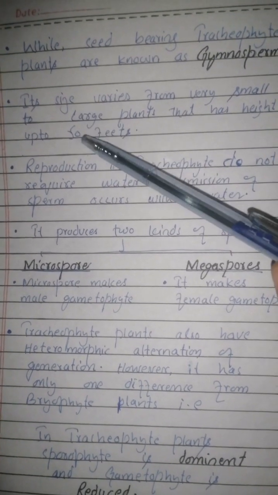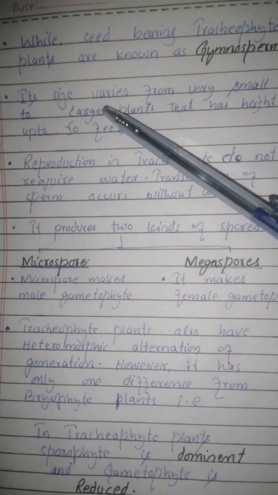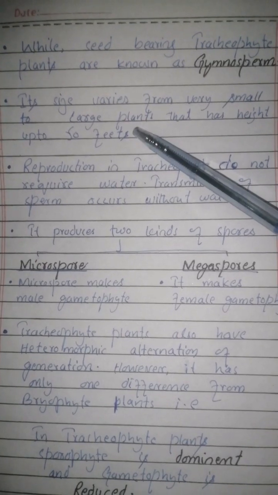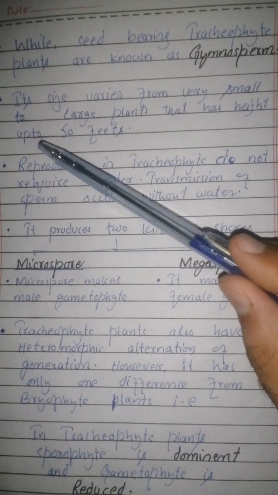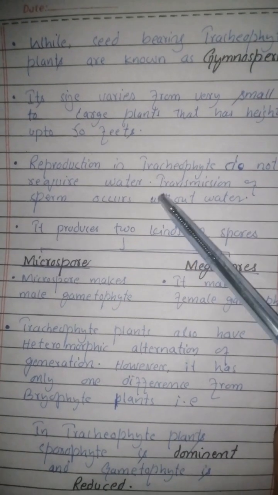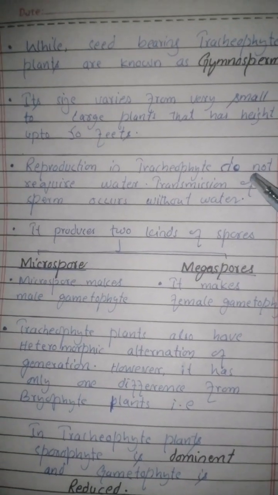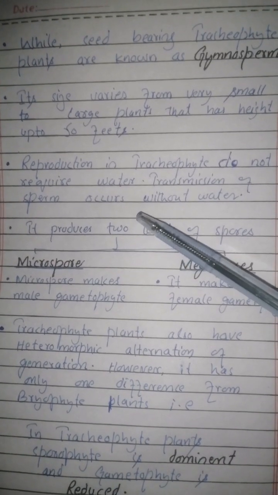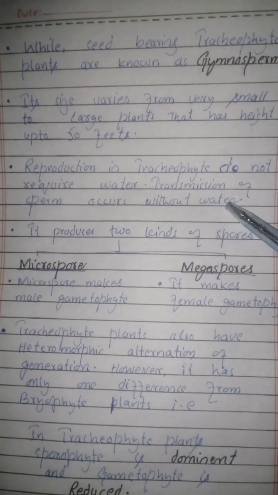The size of tracheophyte plants varies from very small to large plants that have a height of up to 50 feet. Reproduction in tracheophyte plants does not require water. Transmission of sperm occurs without water.